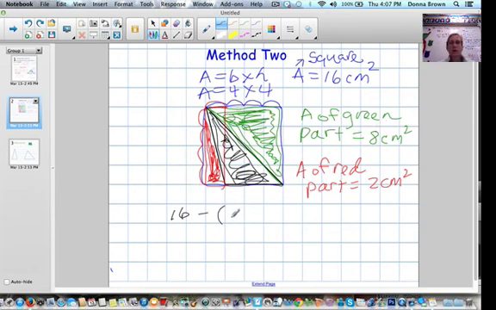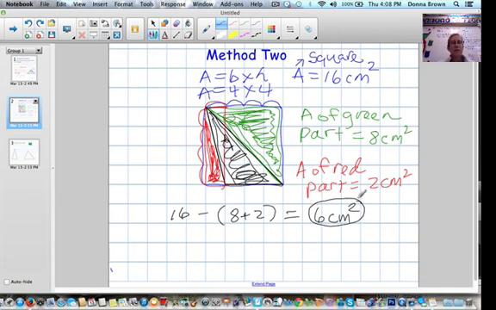So I'm just going to say 16 minus 8 plus 2. I could also just add these up and say 16 minus 10. It's the same thing. So 16 minus 10 is 6. So we know that the area of our black triangle, the one that we started trying to figure out, is 6 square centimeters.